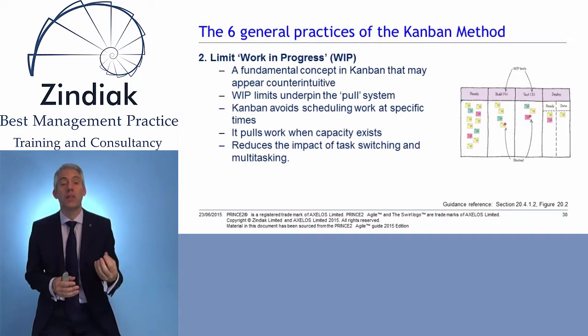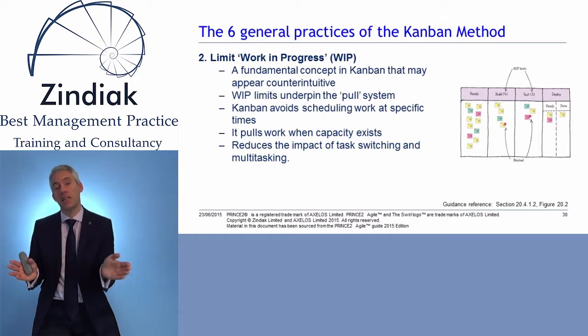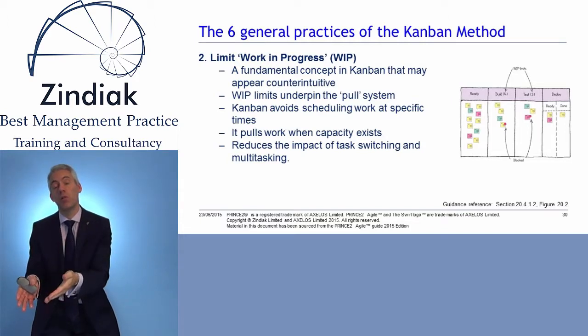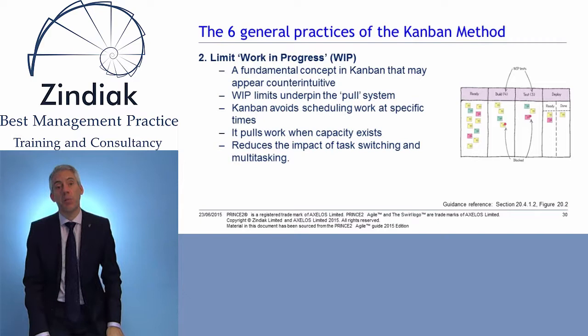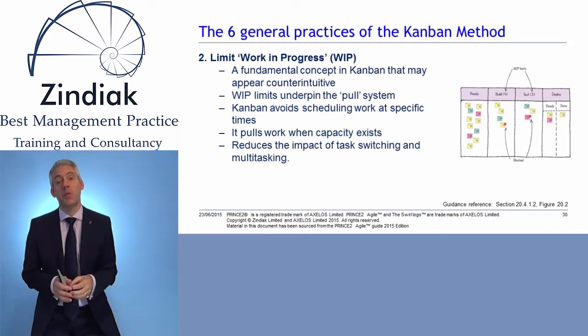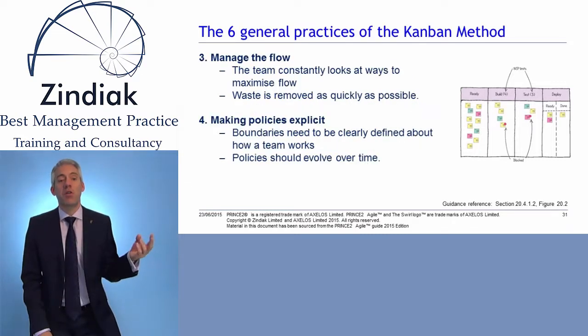But they'll pull the next piece that they're able to complete, rather than allocating pieces of work to developers at the beginning and maybe unintentionally overloading a particular developer. It reduces the impact of task switching and multitasking, enabling developers to focus on one thing at a time, improving their efficiency and efficacy.